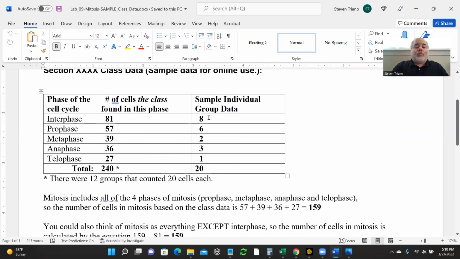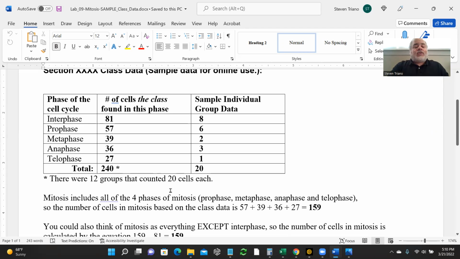So maybe in your group, you got 8, 6, 2, 3, and 1 for interphase, prophase, metaphase, anaphase, telophase. And then the class got 81, 57, 39, 36, 27. There were a total of 240 cells observed, 12 groups of 20 cells each. So 24 students put this data together.